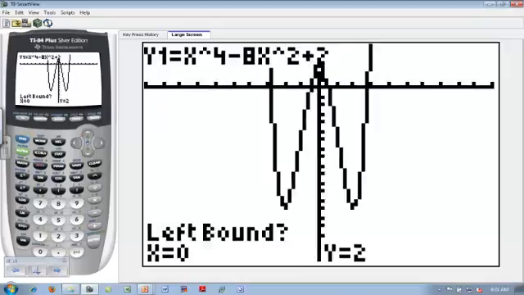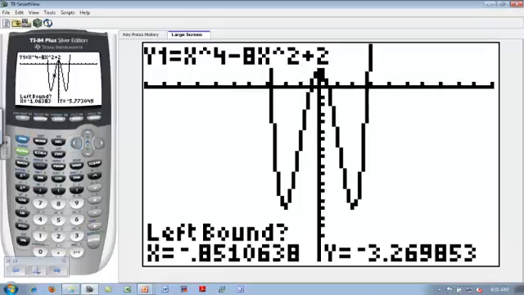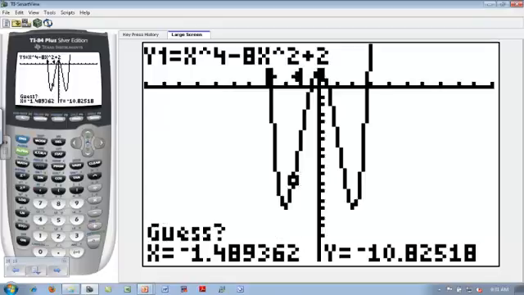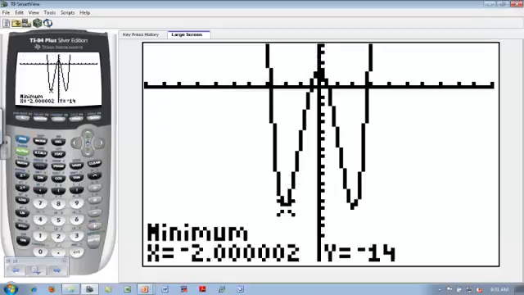So in this way we say the left bound of this first minimum is over here, and then we got to get on the other side of the minimum. You never really do have to make a guess unless there's 2 minimums in there.